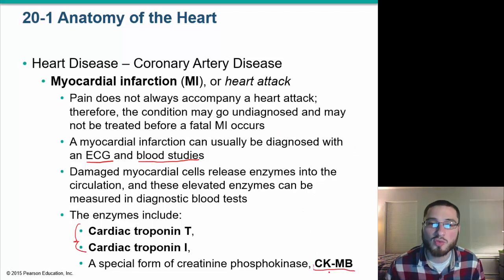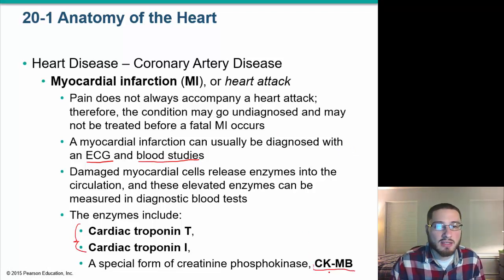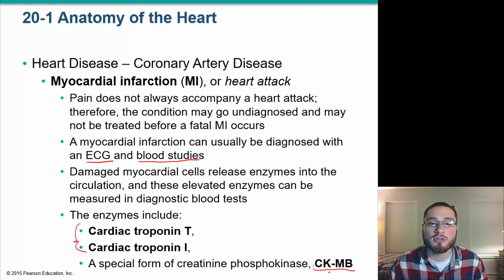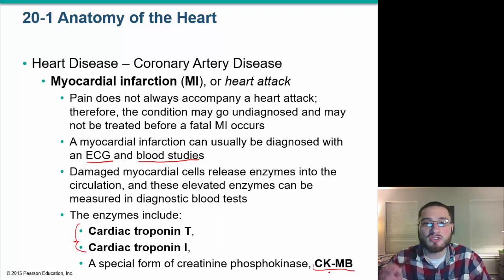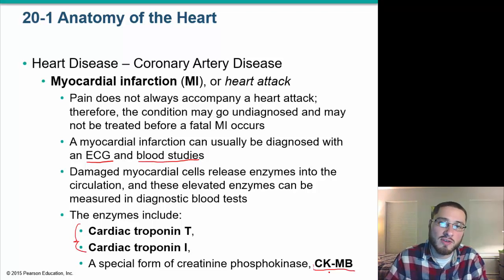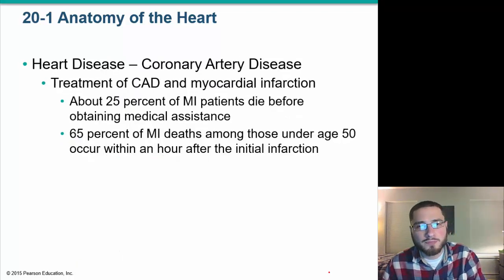So when they look at your blood work, they're going to know right away, hey, the EKG showed us that it's positive for heart attack, but we also look at the blood work, and the blood work says that they have this troponin T or troponin I, or they have the CK-MB in it, and that is a direct indication that this person had a heart attack, and we have to treat them accordingly from here on out.